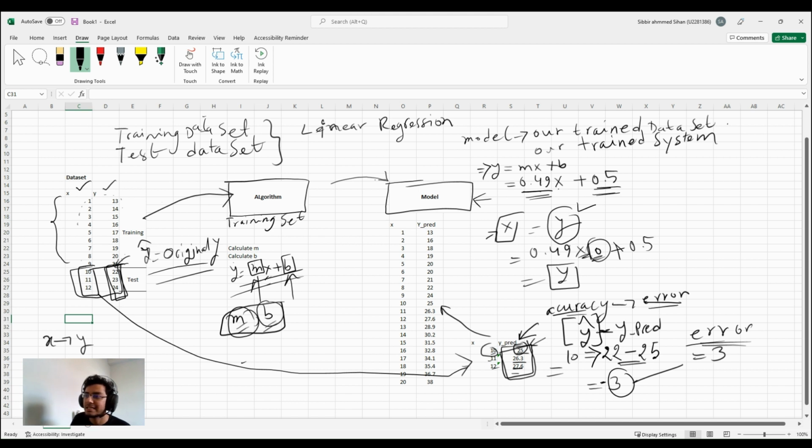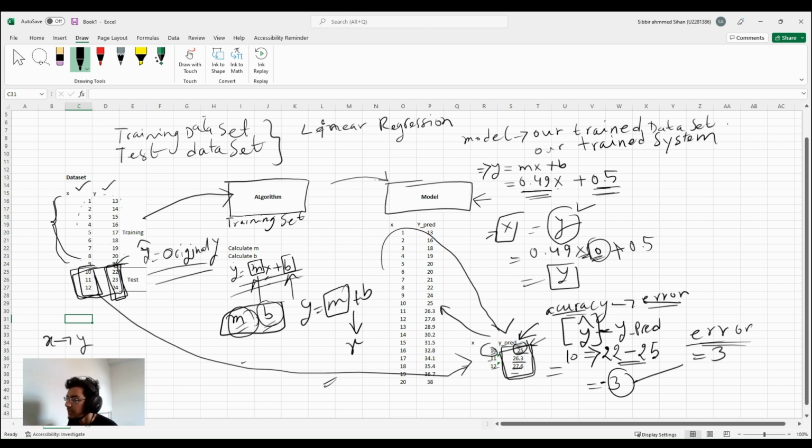This is the objective of training a data set, which helps the algorithm find out the value of M and the value of B. And then we give it a value of X in the future, from our test data set, and it predicts Y. From the y predicted, we subtract the value of y original, and we see our error.